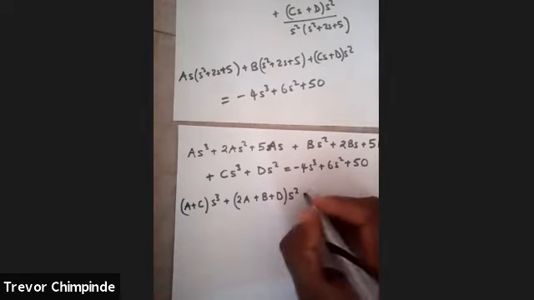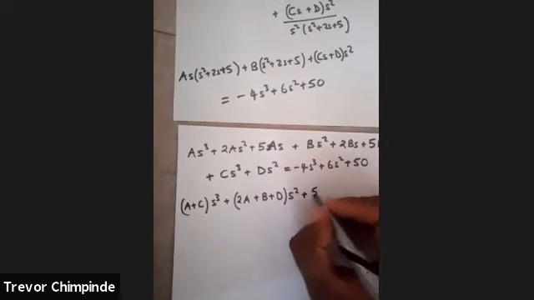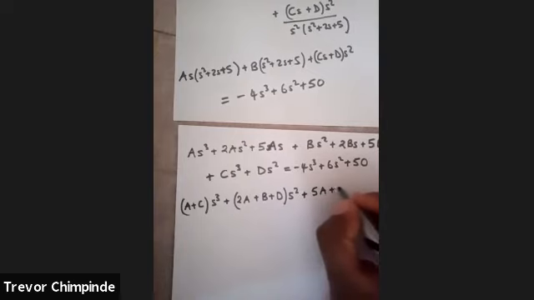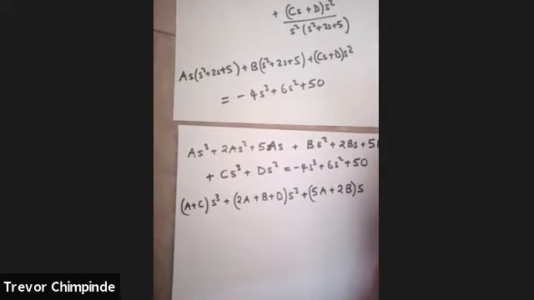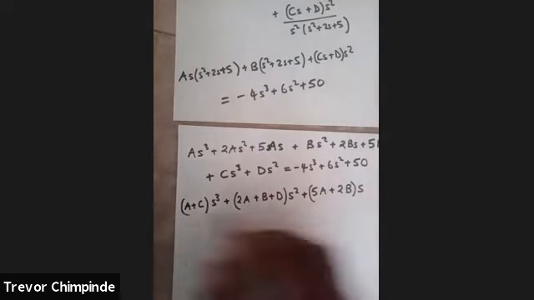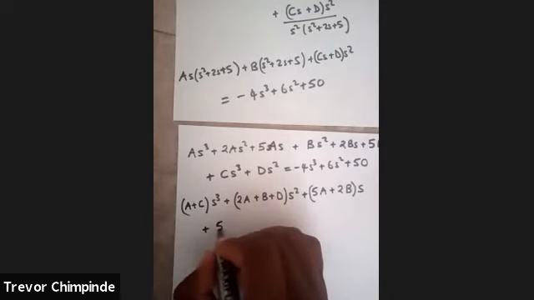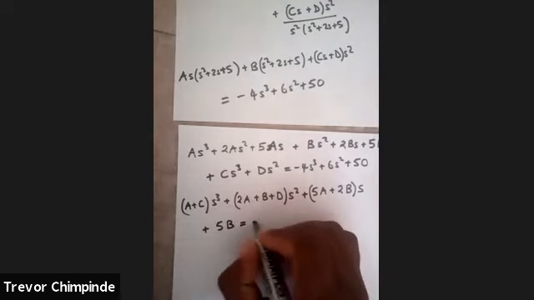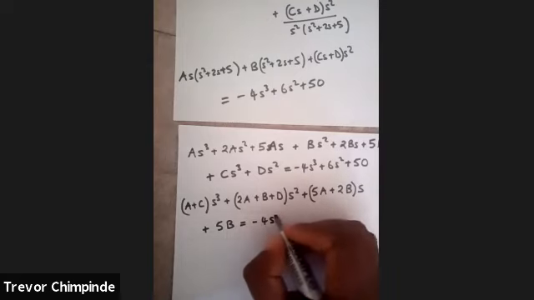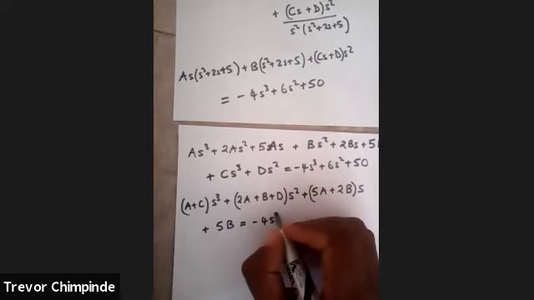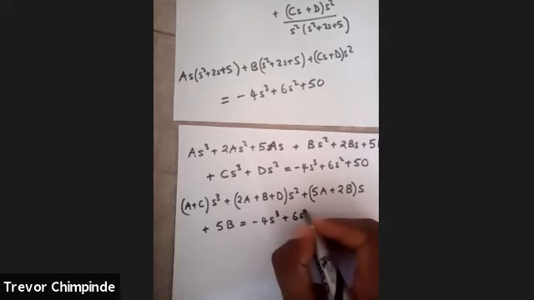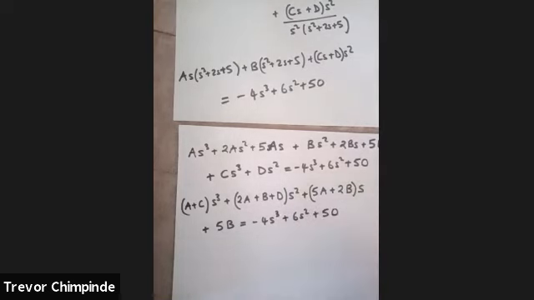We only have 2, so it's plus 5A plus 2B times s. Then the constants, we have 5B, only 5B, right? Yes. So plus 5B is equal to minus 4s cubed plus 6s squared plus 50.